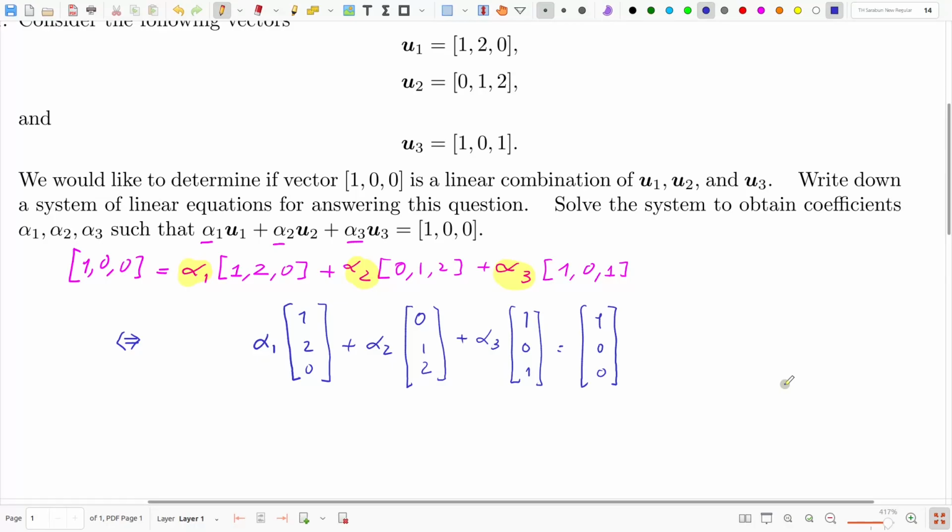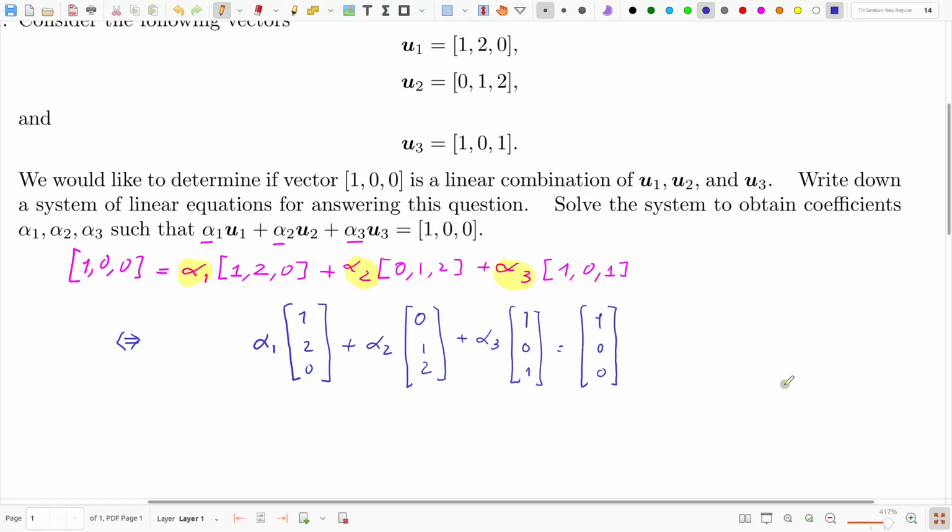Write down the system of linear equations for this, and then solve for alpha 1, 2, and 3. If you can solve for them, that means 1, 0, 0 is a linear combination of these three vectors.